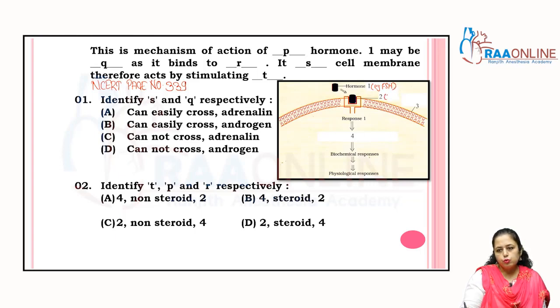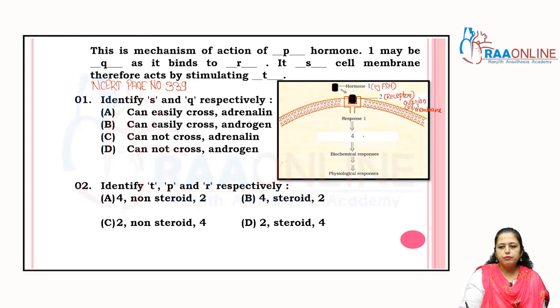These two represent the receptor. That 3 represents the ovarian cell membrane in NCERT, and that is response 1.